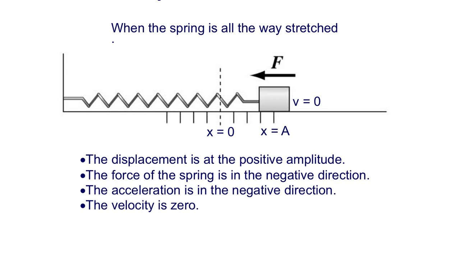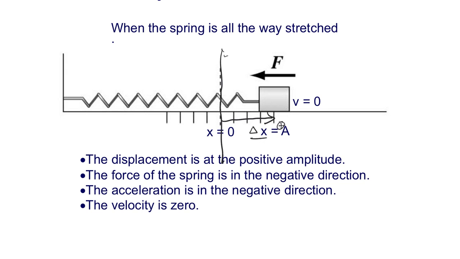The displacement is from rest position to where your position is. That's a positive amplitude, positive delta x. Again, this is the equilibrium position, x equals 0 for that. Okay, F and A are always in opposite direction to delta x.